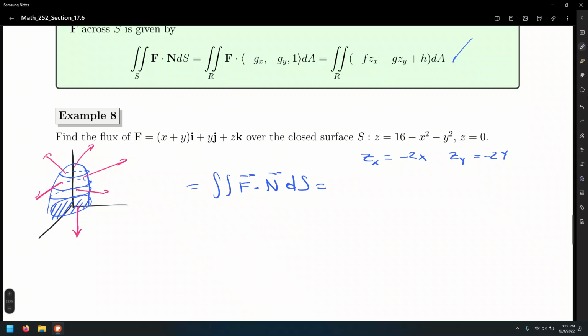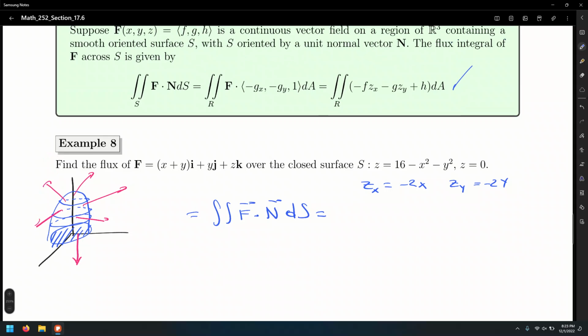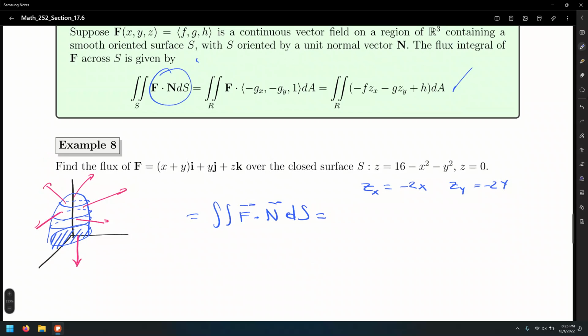This would imply finding the gradient of that function, normalizing it, that is, dividing by its magnitude, a lot of work, but in this case, we replace all this work with just a simple dot product, all right?